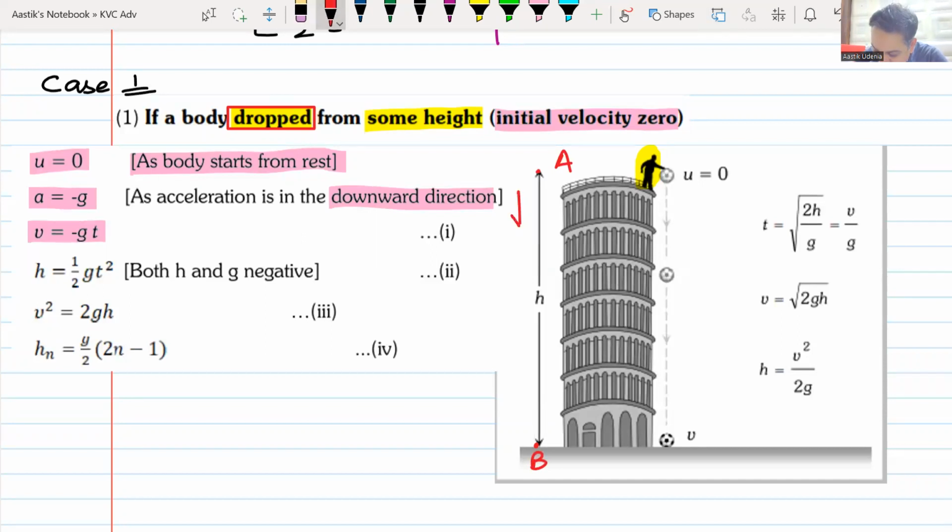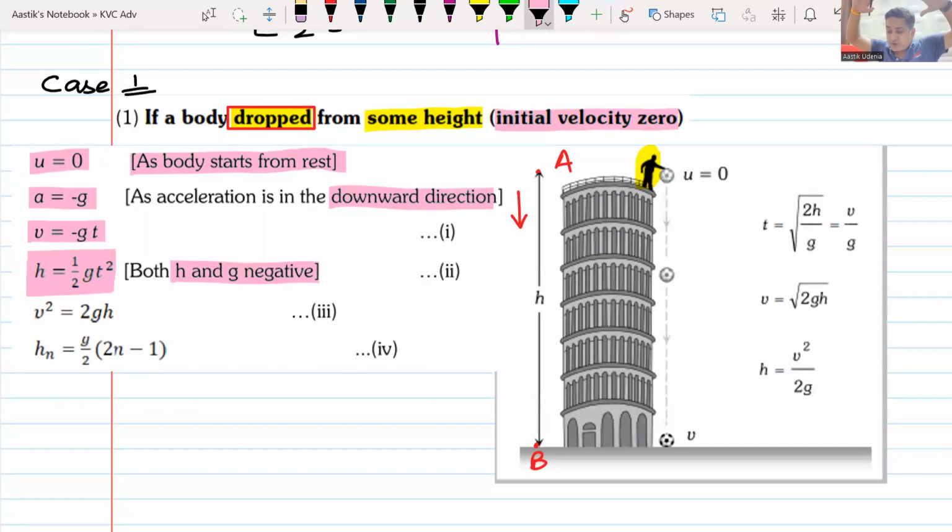So this h would be minus, and this g is also minus. These two minus signs will cancel, and you will have this equation: h will be equal to half gt squared. Do we understand this? Because both are negative, they just cancel each other out. Yes or no?